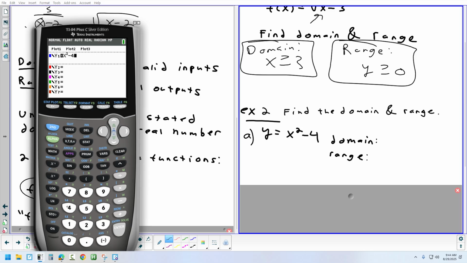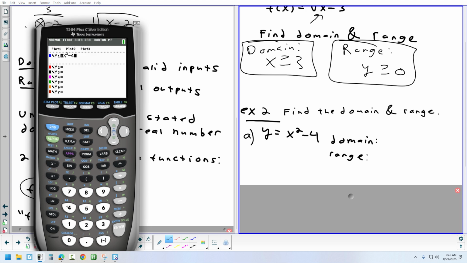No, there's no square root symbol there, so we don't have to worry about square roots of negatives. Are there any fractions in this problem with the variable in the bottom? What do you think, Marcelo? No. So the two things that I told you that could be a problem for the domain are not in this problem. So what do you think that means the domain is?